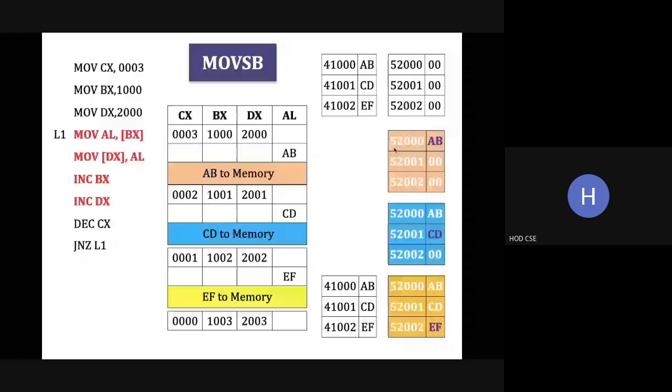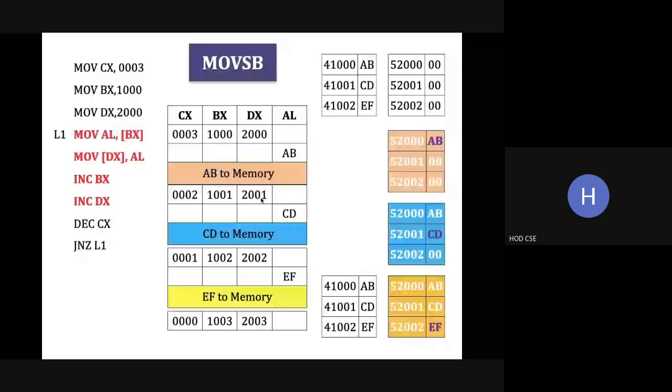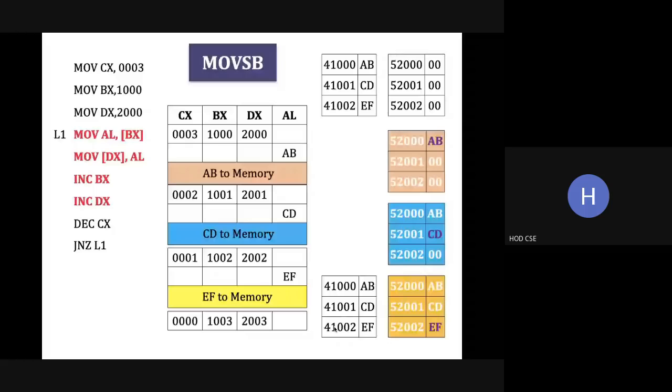The second step is incrementing the BX register and DX register, and decrementing the CX register. Next, the data CD is brought to the AL register and then transferred to memory. Like this, the third data EF is brought to the accumulator and transferred to this memory location. After executing this program, the contents of 41000 to 41002 and 52000 to 52002 will be the same.